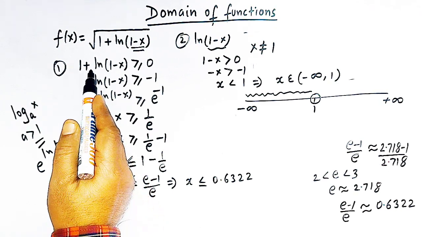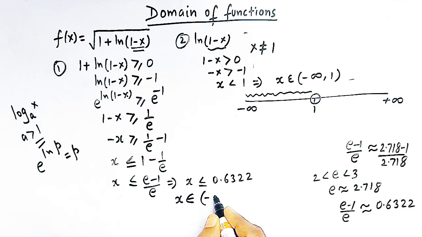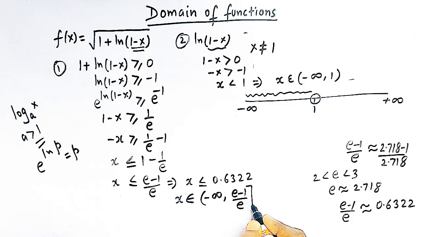Now the solution of this inequality is given by the interval x belongs to minus infinity to 1 minus 1 over e, closed on the right, that is open from the left and closed from the right, where 1 minus 1 over e is approximately equal to 0.6322.